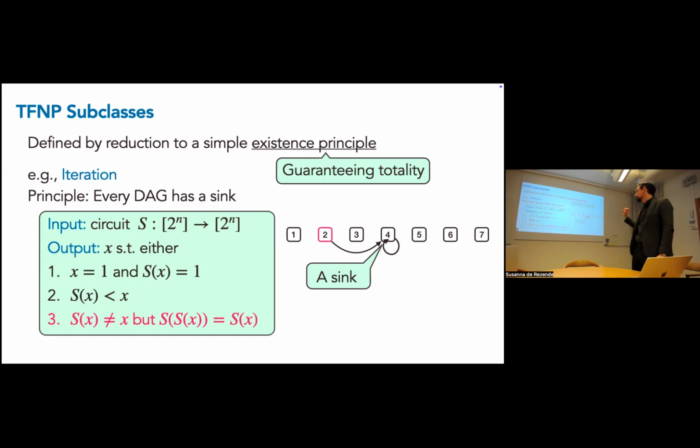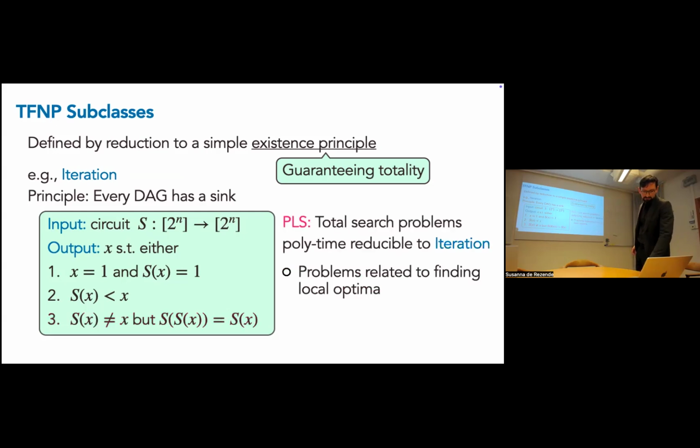If 1 is not a solution, then there's always going to be a sink, because 1 points somewhere, which then has to point somewhere or self-loop, and so eventually you find a sink. So it's a total search problem. And the class PLS is everything reducible to this iteration problem. It contains problems related to finding local optima.